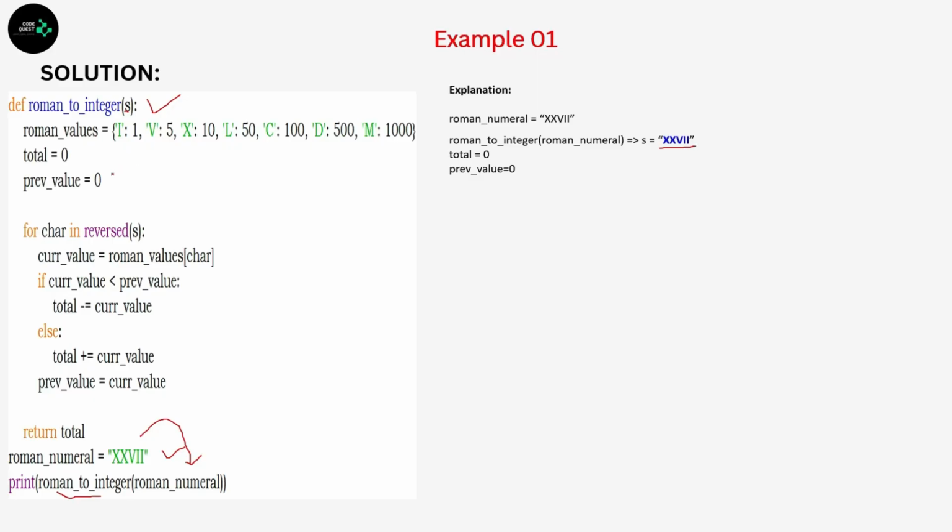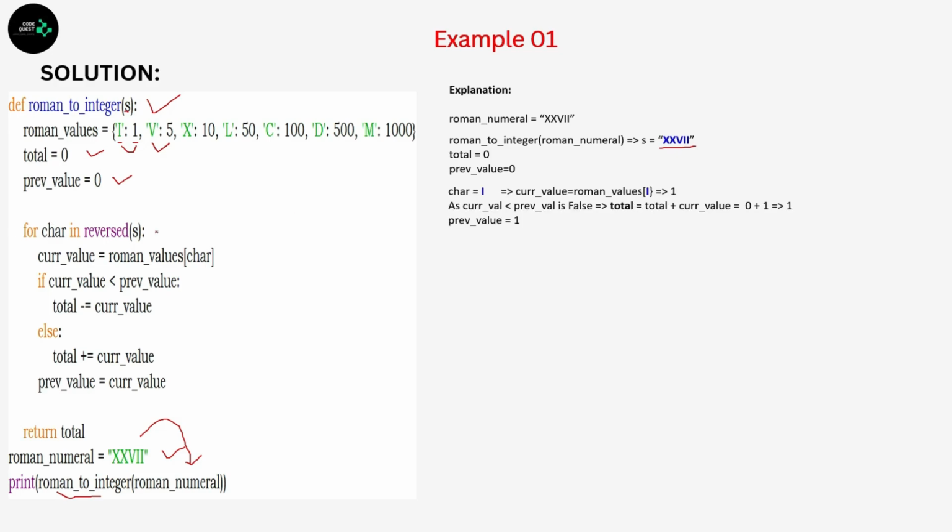Within the function, the very first line, we have defined a dictionary representing the Roman letter as key and the corresponding integer as the value, like I associated with 1, V associated with 5, and so on. We have taken two more variables here: total, set to 0, and previous value, set to 0.